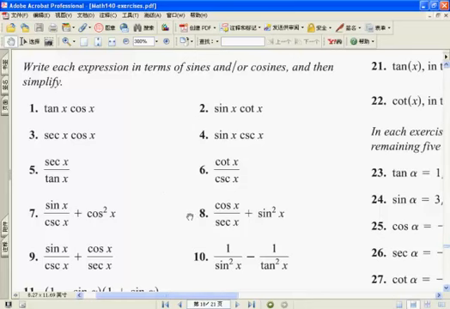Now let's look at number 8: cosine x over the secant x plus the sine square x.